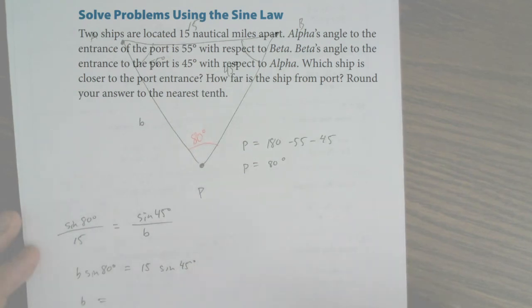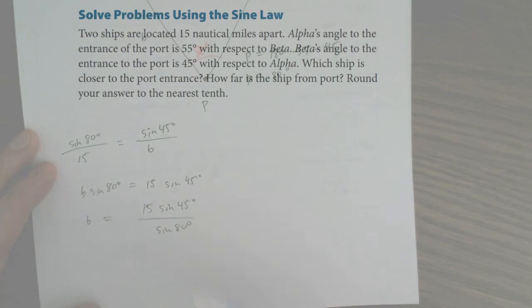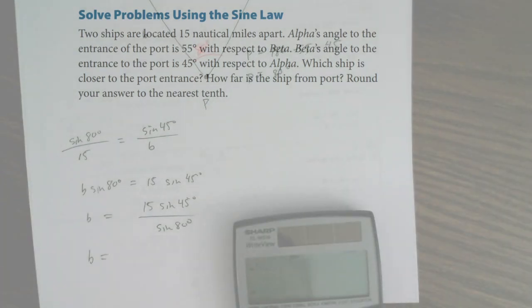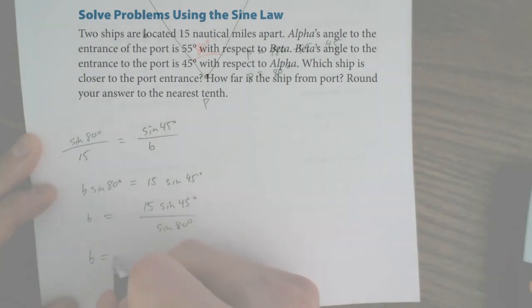And dividing both sides by sine 80. I get 10.8 nautical miles.